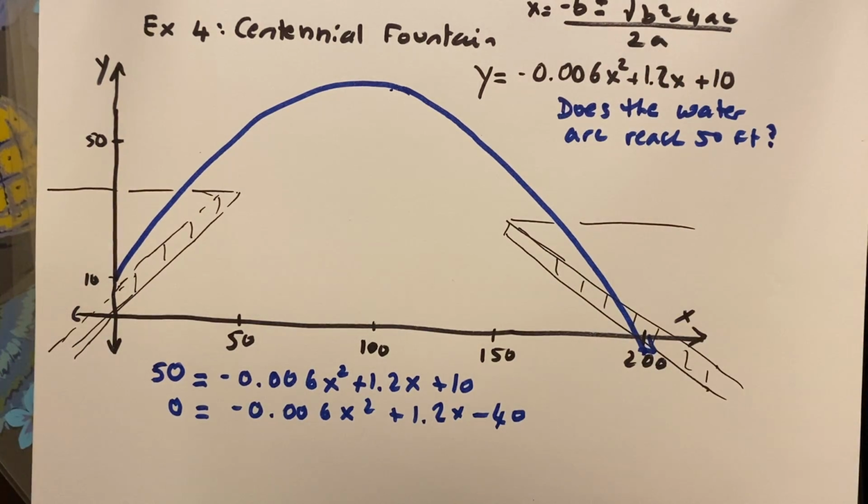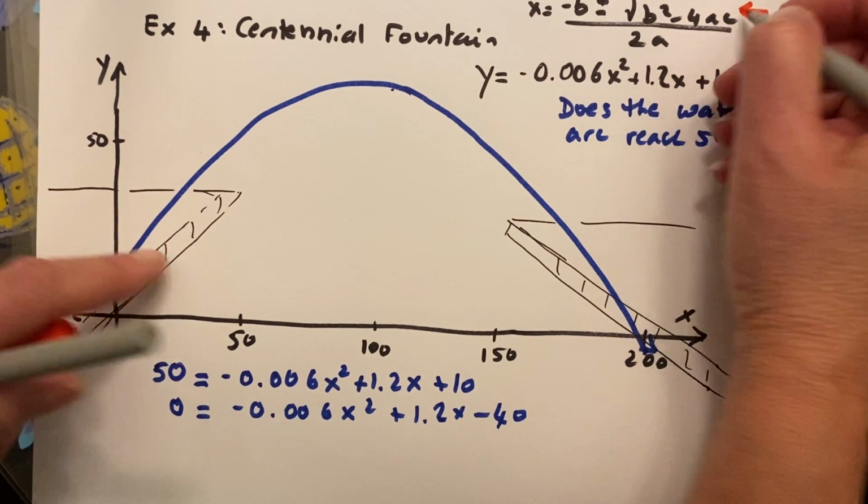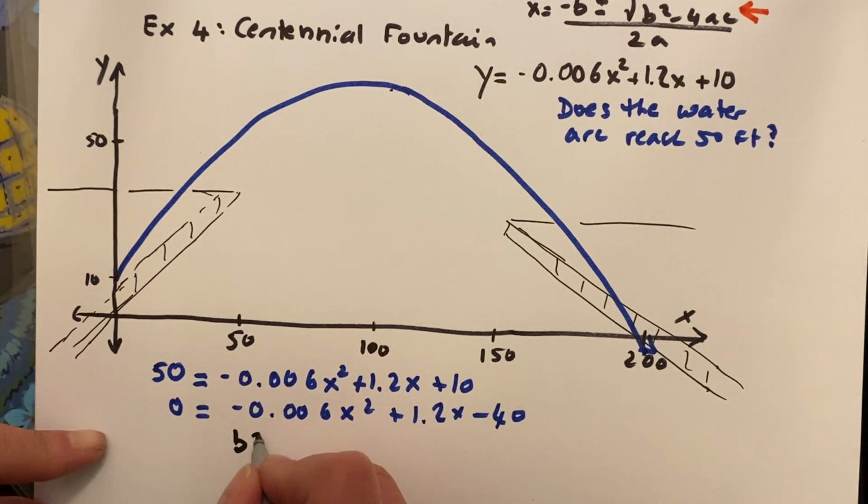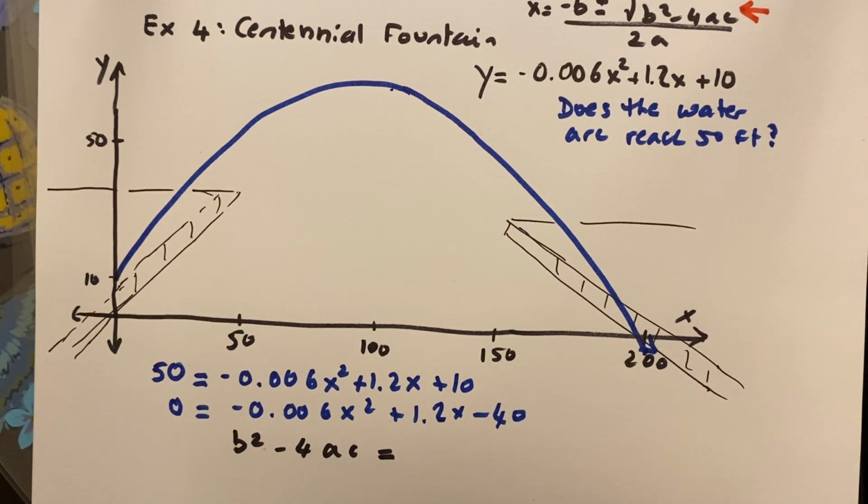We're just going to do the discriminant, just this part, to figure out the answer. Okay, so let's write down b squared minus 4ac. Well, what is b? It looks like b is 1.2.